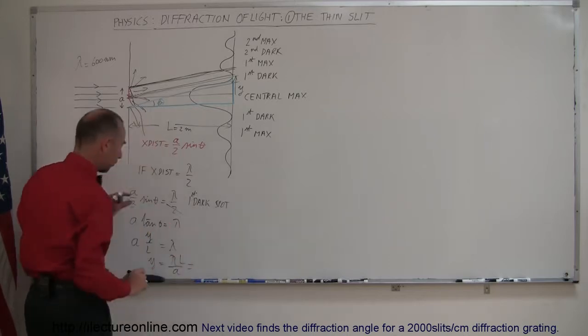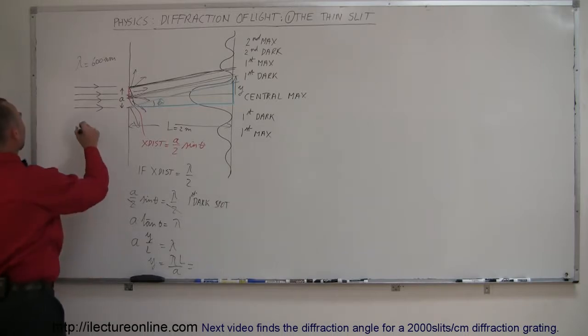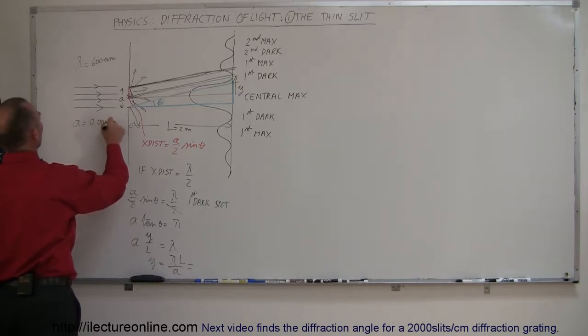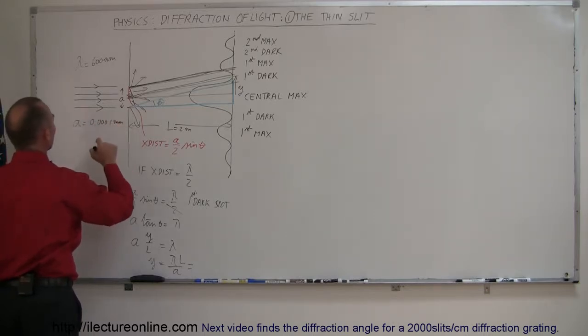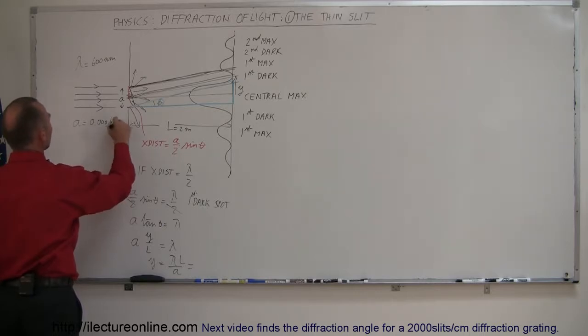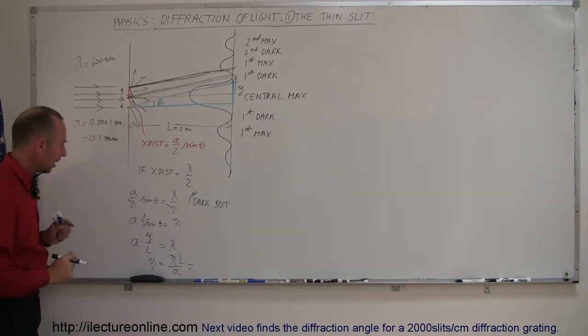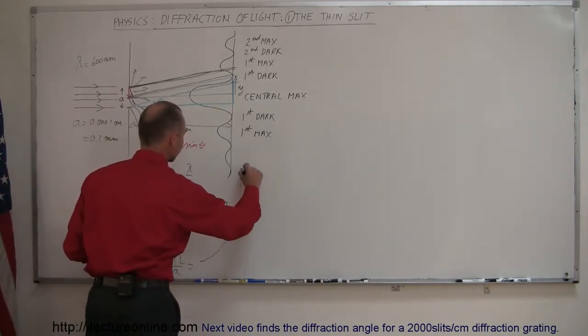a being of course the width of the slit, and let's say that a is equal to, how about 1/10 of a millimeter, 0.0001 meters, which is equal to 0.1 millimeter. So just for example, let's assume that the slit is about that width, and we plug the numbers in.